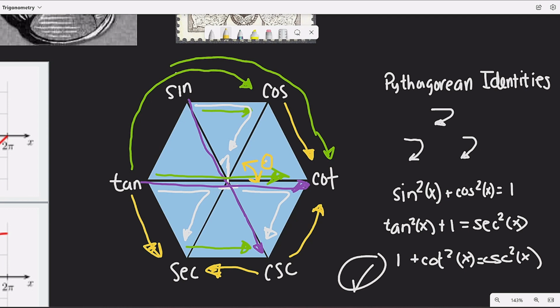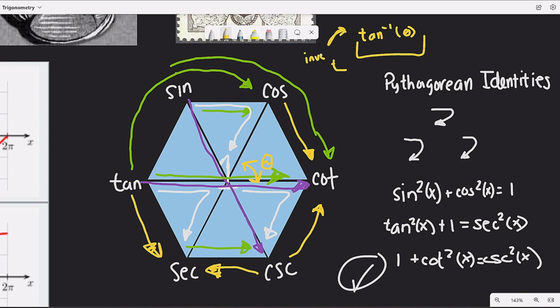We can use the inverse trig functions, such as, I can't write with the mouse, such as tangent of theta. We could use calculators or whatever. And so we know the sides, but we don't know the angle. But now we know the angle. And that's called the inverse.